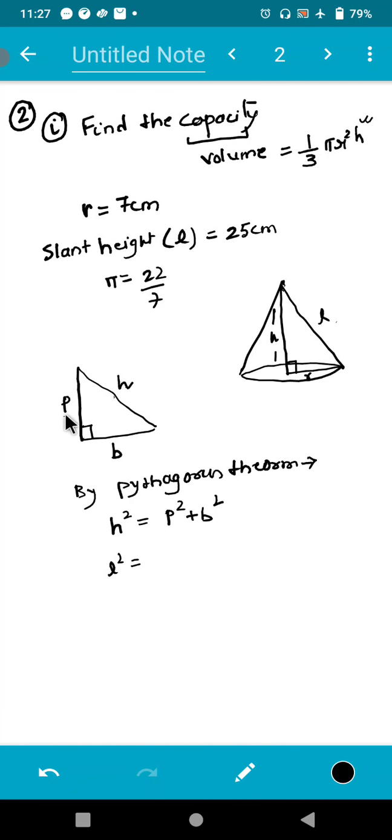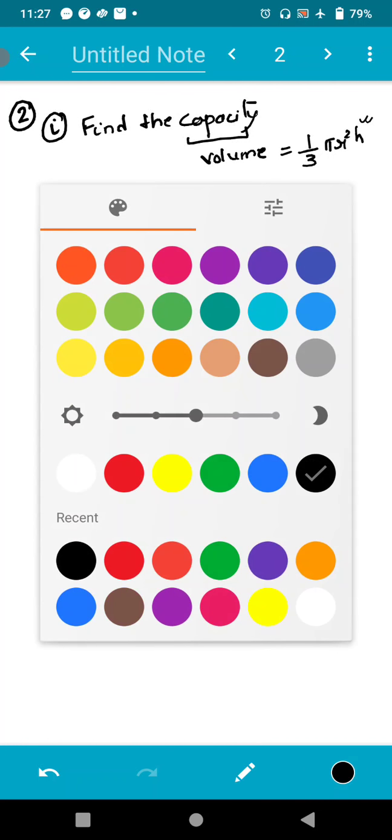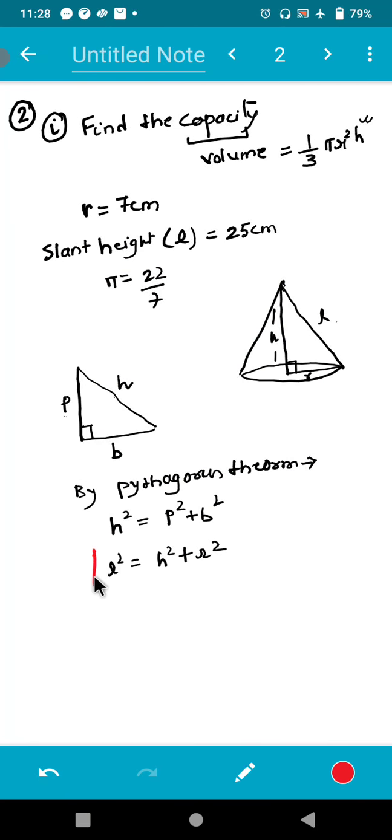In place of P we have H, so we will write H square. And in place of B we have R, so we will write R square. So this is the formula of slant height, which we have got from the Pythagoras theorem only. Now with the help of this formula, we'll find out the value of H.